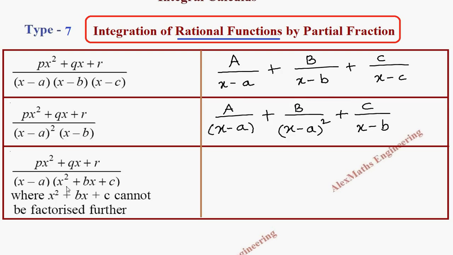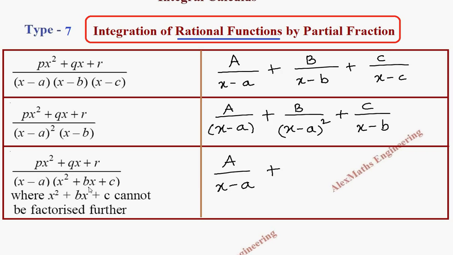Then coming to the third rule, we have a quadratic expression as one of the factors which cannot be factorized further. If it is factorizable, then we go for the previous two rules accordingly. But here we have a quadratic expression, and x minus a is a linear factor, so as usual we write a by x minus a.